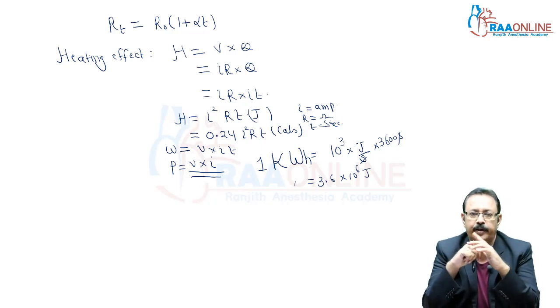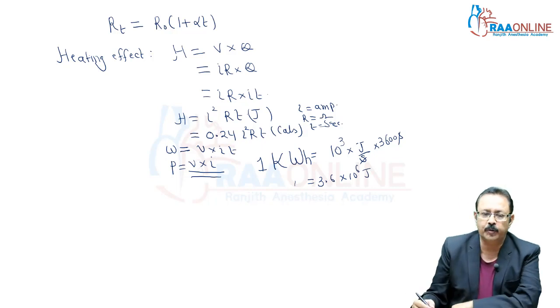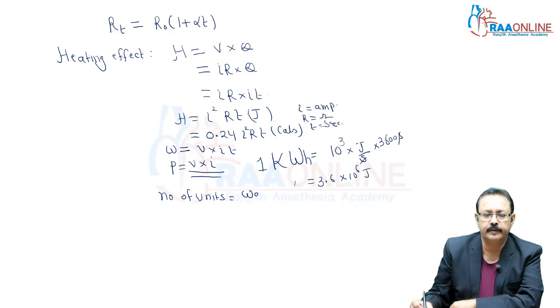They will charge for it. If you want to calculate your bill, the number of units, you can count by this. Number of units means watt into hour, divided by 1000.